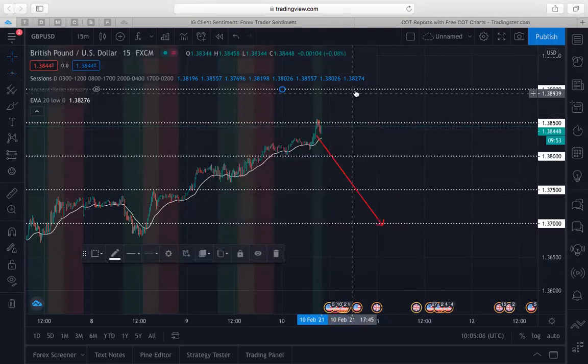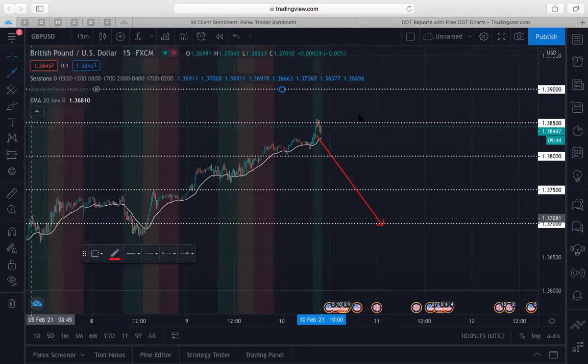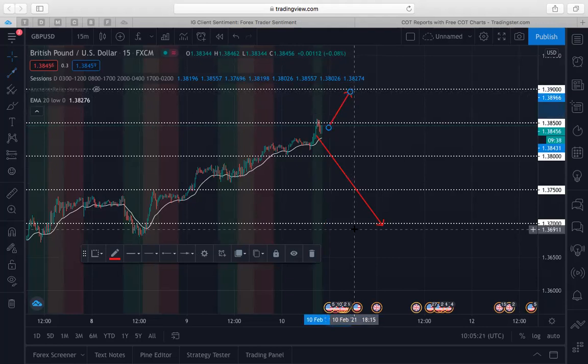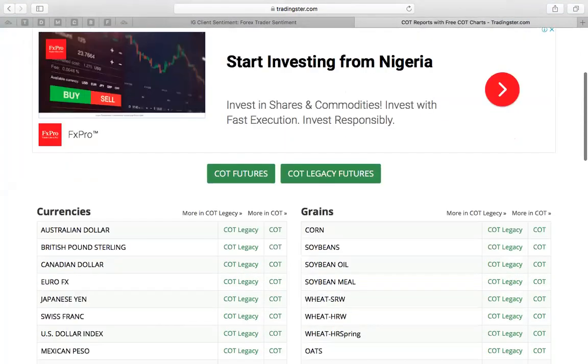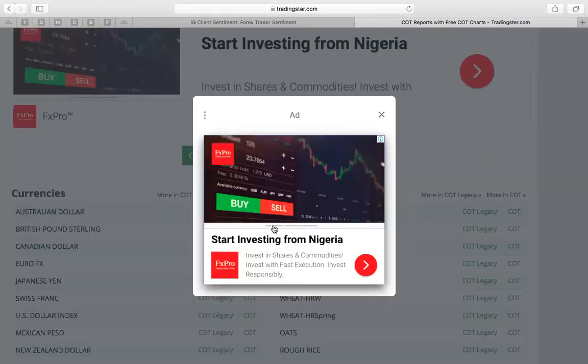We have a line for 900 up. Yeah. So if this should go up, probably we'll get here. Okay. Back to the COT report. Okay. So you could check GBP.